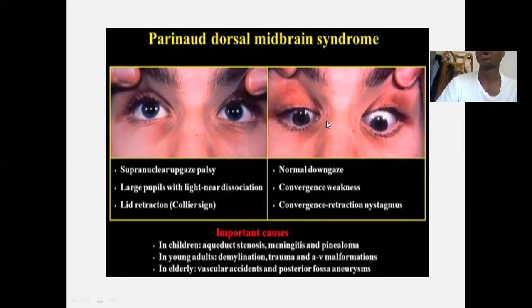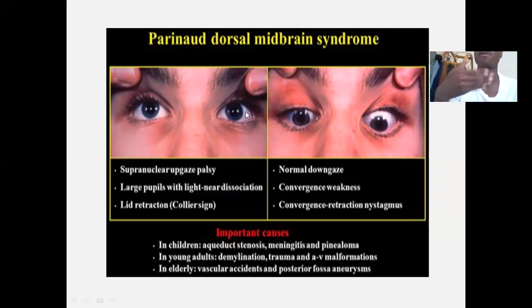Then you're also going to lose the pupillary light response, but you maintain accommodation. The eyes are still going to be able to accommodate, but the pupillary light response is going to be lost, because you depend on the pretectal nuclei for it, and those pretectal nuclei have been affected.